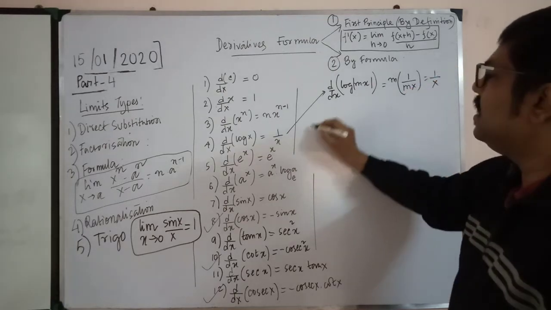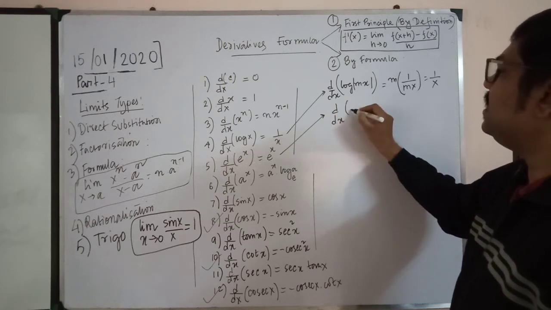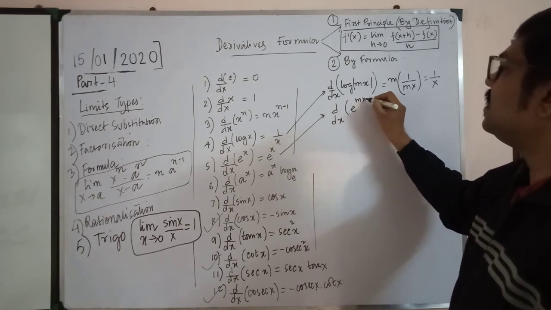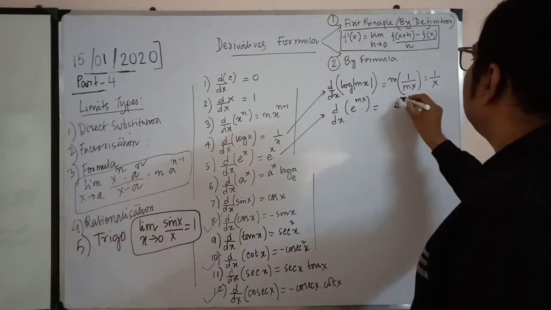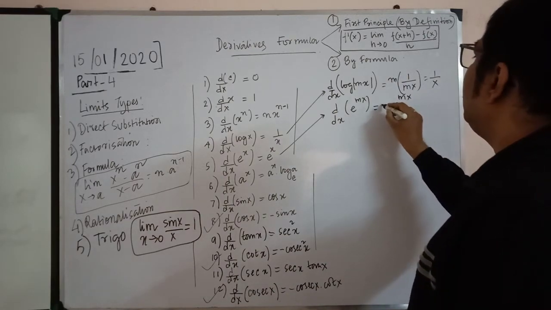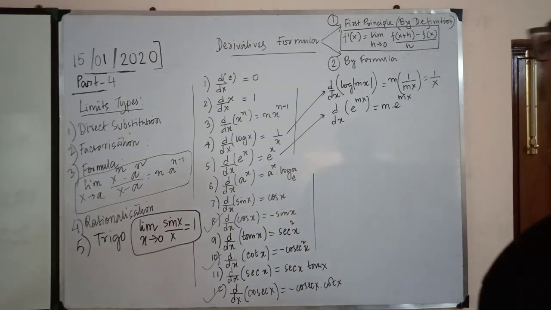Now this is applicable to anything. If you get e to the power mx, you write the same thing at first, that is e to the power mx only. In front you just write m, so m is multiplied with e to the power mx.